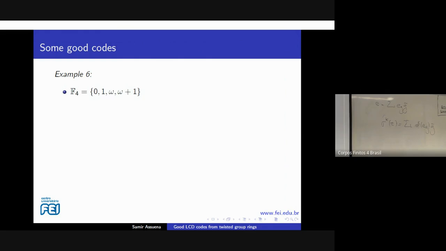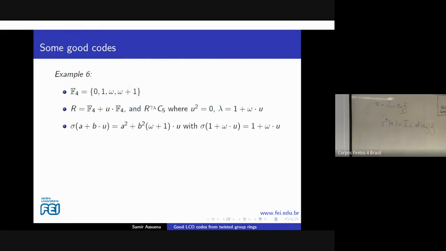So consider F_4, the finite field with 4 elements. We take some nilpotent element of index 2, and we can produce a ring in this way, F_4 plus u F_4. Inside this ring, we can find this element here, and this element has order 2.